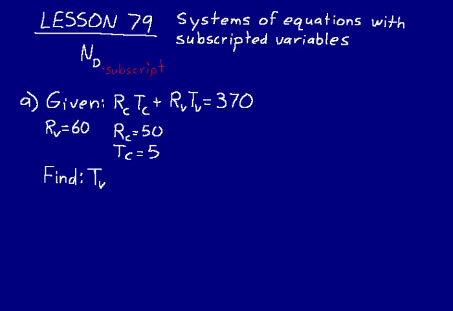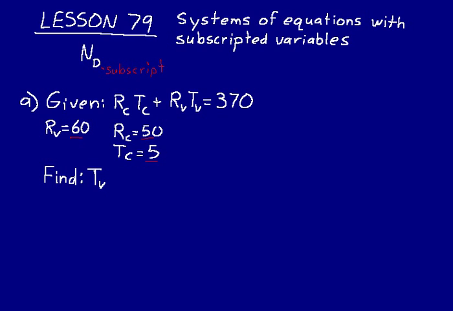We've been given one big equation that has all of those variables in it, RC, TC, RV, and TV, and then several sets of what those variables equal. So we can substitute these values into that big equation, and then there'll just be one unknown, TV, and we can solve for it.